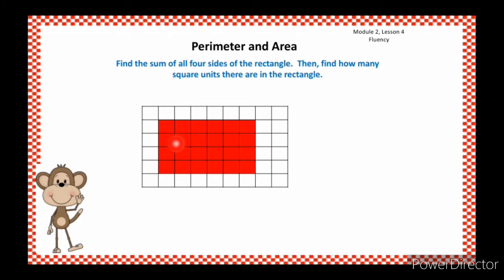So to get the perimeter of this shape, because this is easy since it's on a grid, I can just count the number of squares I have on each side, and then add them up to get my answer. So let's see, what is the length of the longer side? It's 6 units.